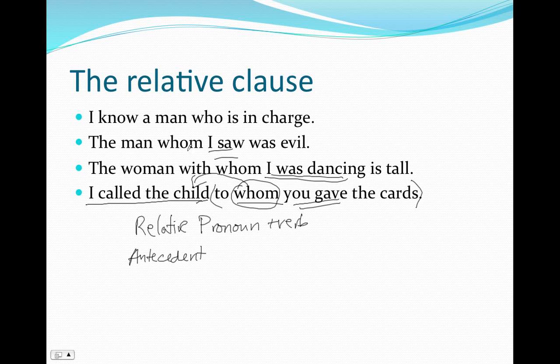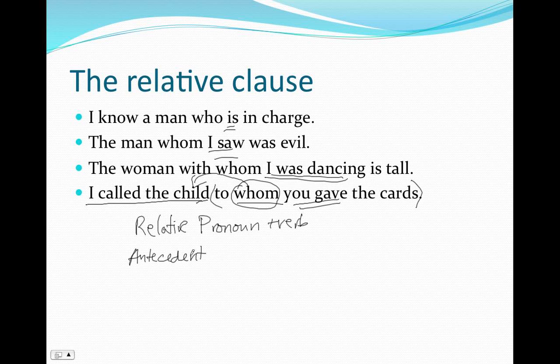Whom I saw, there's the verb. And who is in charge, is the verb there. So every relative clause is going to have a relative pronoun and a verb, and the two together are going to point back to the antecedent. That's the thing that it's describing.